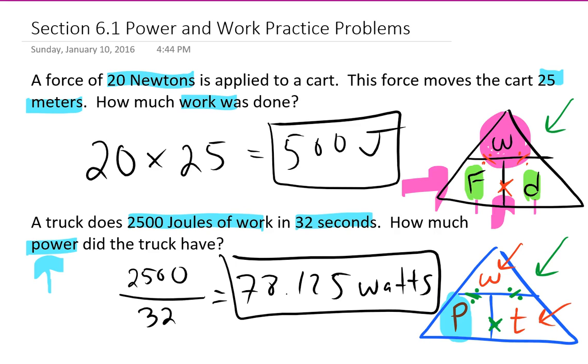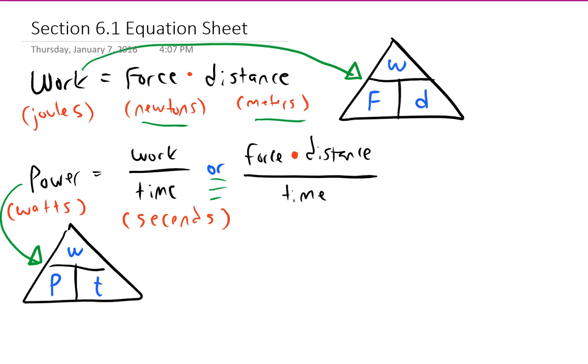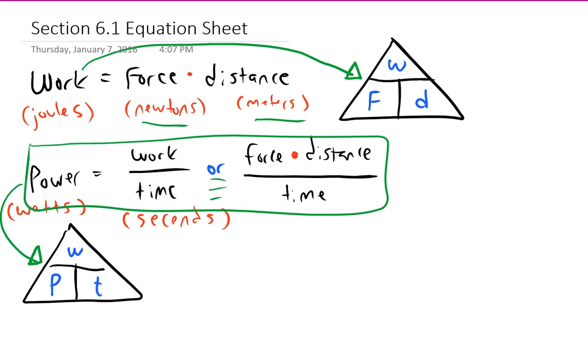But in this assignment, there are about 4 or 5 problems that are work-power combo problems. As you see in the equation sheet at the top of our assignment, we have this part right here, where power equals work over time, but we need to remember that work is equal to force times distance.